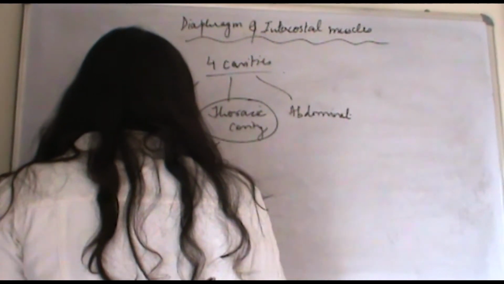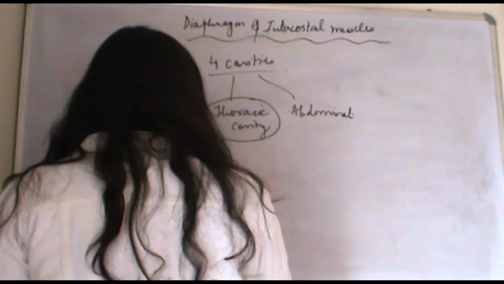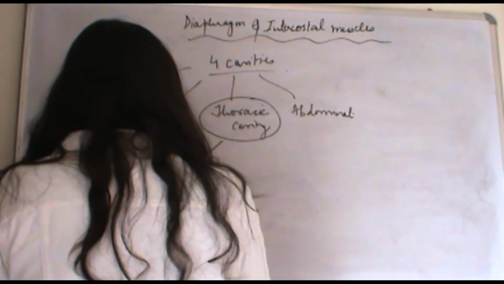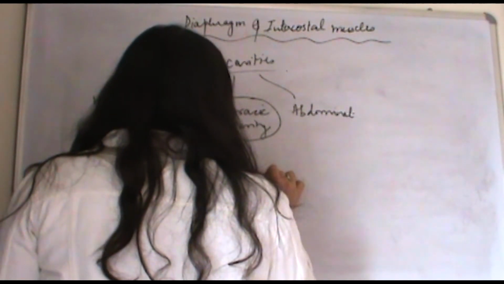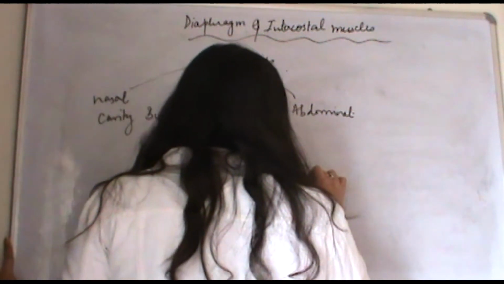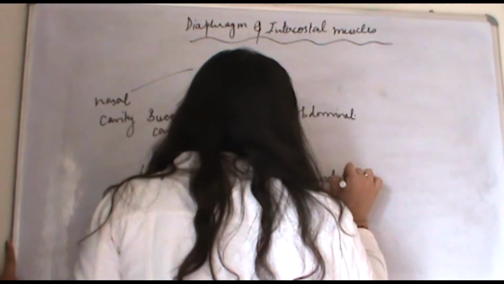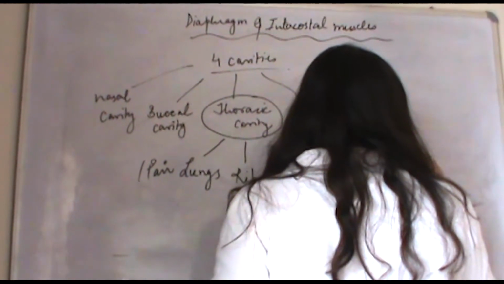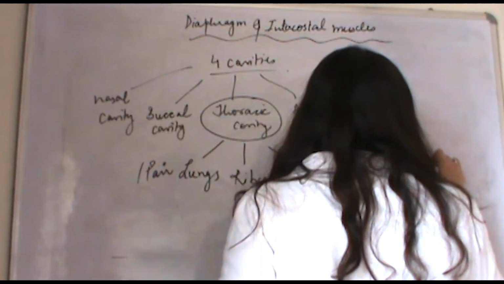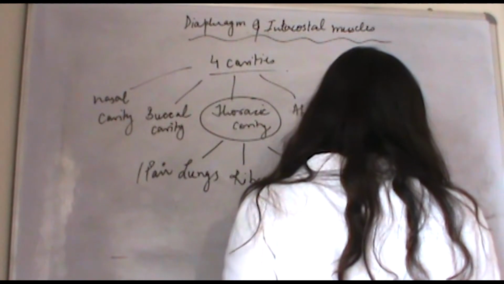Thoracic cavity, it includes lungs, that is one pair, rib cage, and muscles. Muscles include these 2, intercostal and diaphragm.